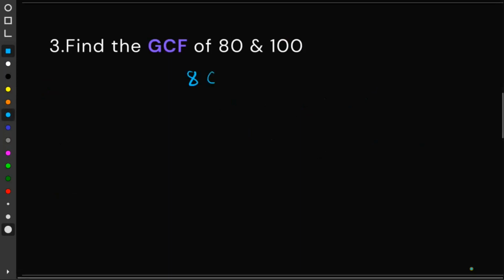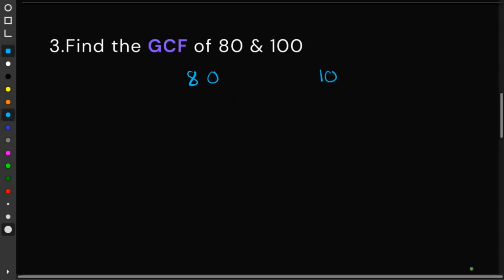For this example, we are tasked to find the GCF of 80 and 100. For this one, let's try applying the factor tree method. So let's write out 80 and 100.